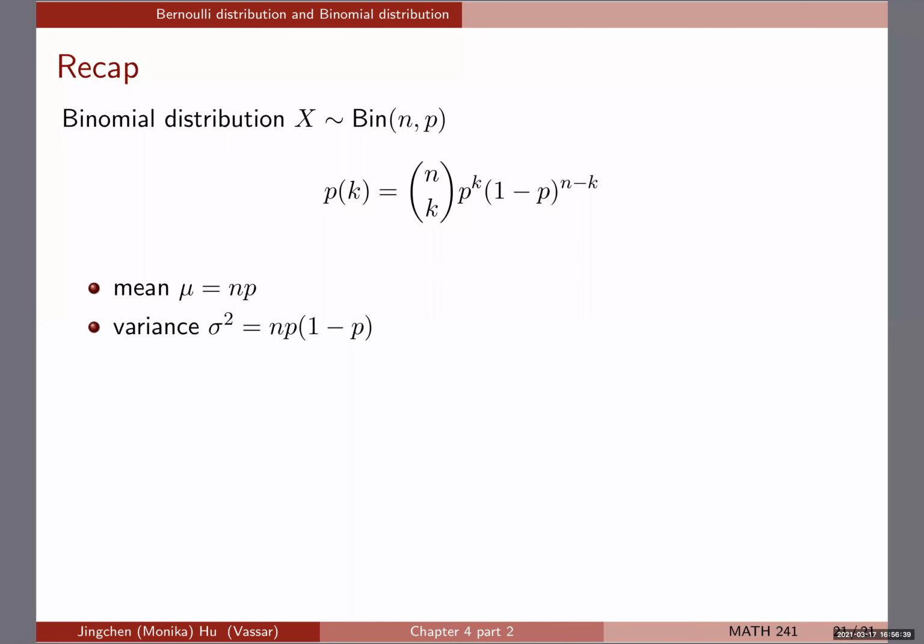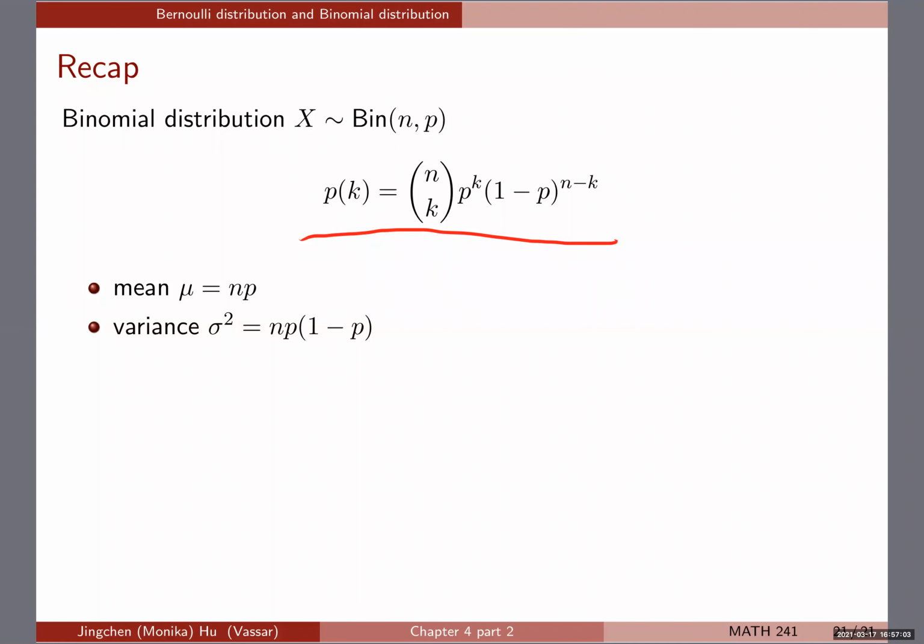To recap, we introduced the binomial distribution. BIN stands for binomial, n is the number of trials, and P is the success probability. You need both to determine which binomial distribution you're talking about. The PMF is highly related to the binomial theorem.